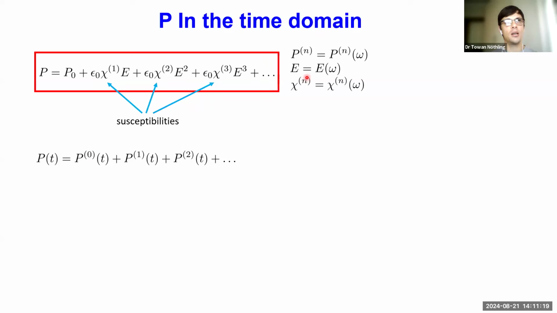That is, they are functions of frequencies. In this expression, also the polarization and the electric field are functions of frequency. We can write a similar expansion for the polarization in the time domain. So again, we have the 0th order contribution, which we'll ignore, then a first order and second order and so on.